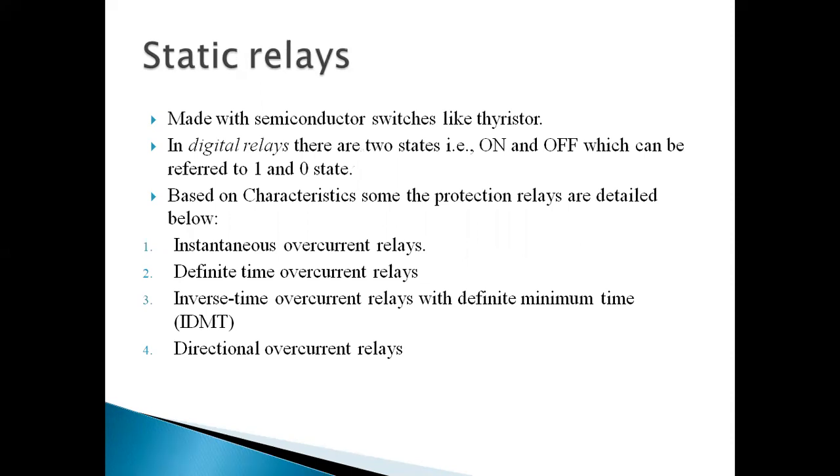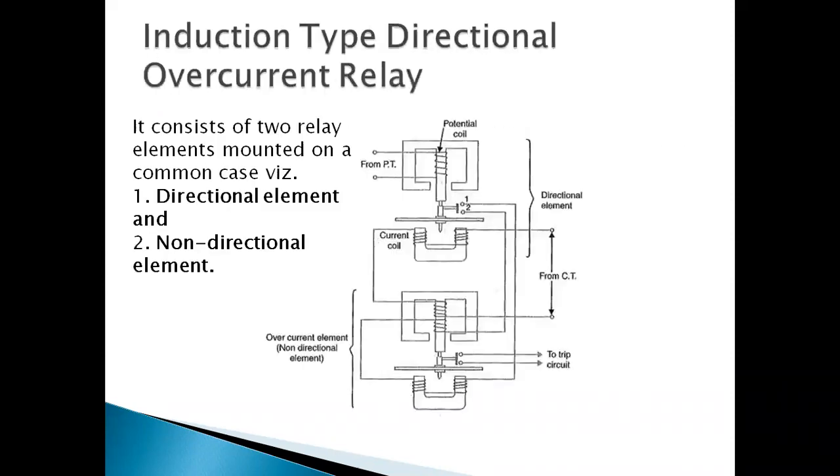Today we'll start with the static relays. We have already seen static relays, but now these are the static overcurrent relays. Static relays means there are no rotating parts. The previous relays, the induction relays, have rotating parts: the disk is rotating and the torque is produced.